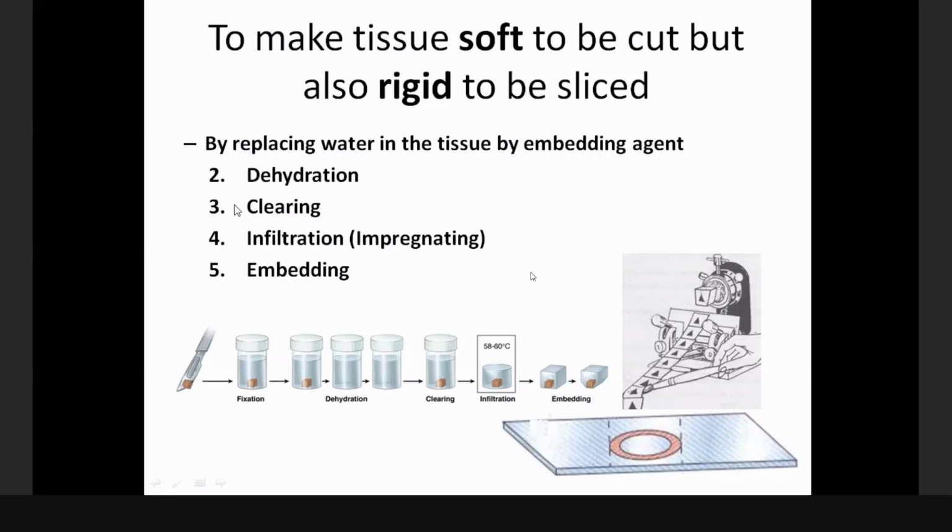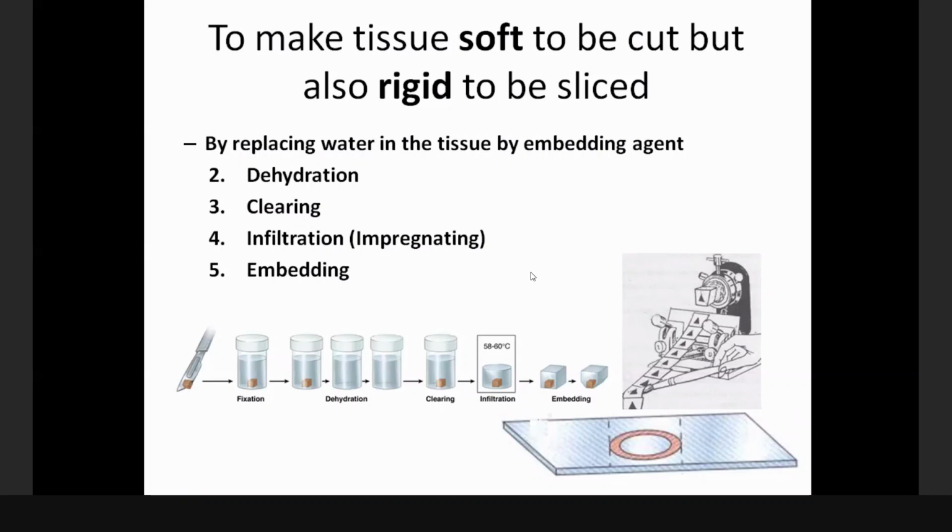The reason is that after the alcohol is replaced by a substance such as xylene or benzene, the widely used one being xylene, the tissue looks translucent, as if something has been cleared off. So we name it clearing.